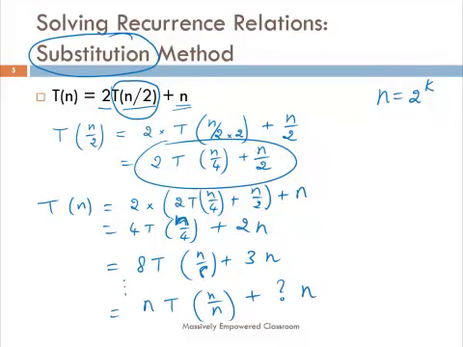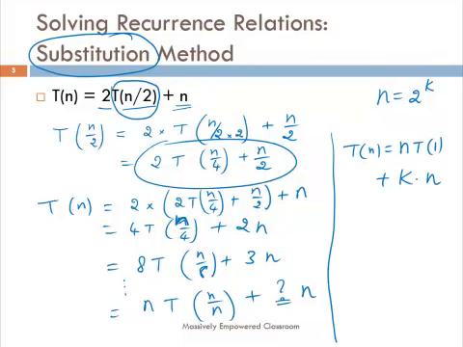So this will become n. In other words, if I continue that here, t of n becomes n t1 plus, what will be this number here, the question mark? That will be nothing but k. There will be k steps, right? So k times n. So we got two terms here, right? I no longer need to expand this. This problem is small. We can solve it in constant time.